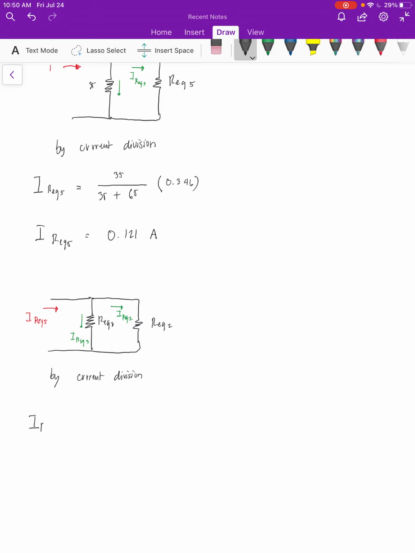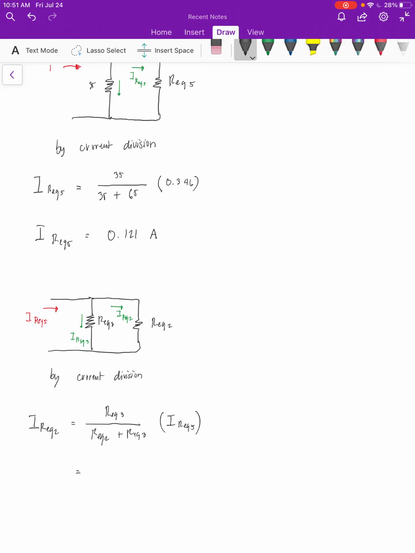The current at Req2 is equal to the opposing resistance, Req3, divided by the sum of the resistances Req2 plus Req3, times the value of this main current here, which is I, the current in Req5.